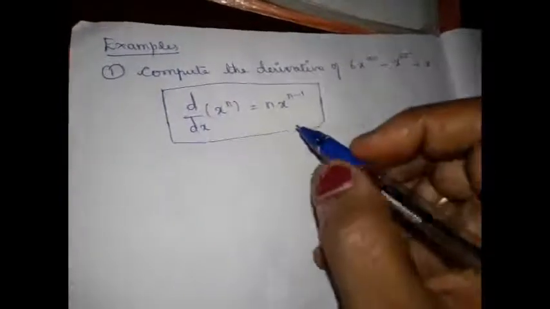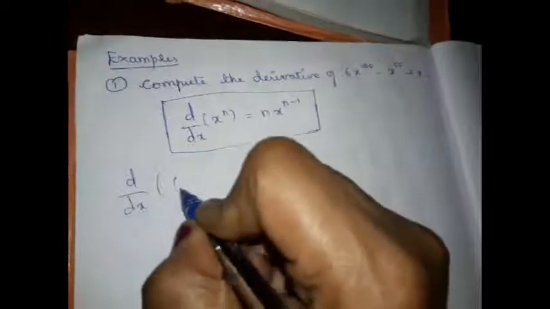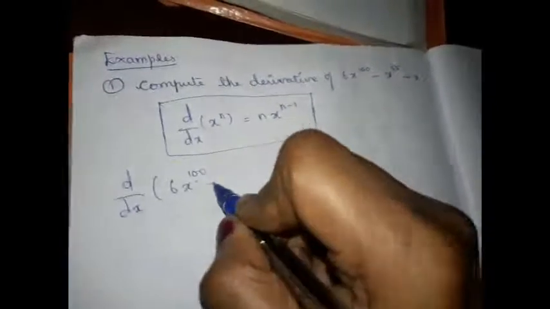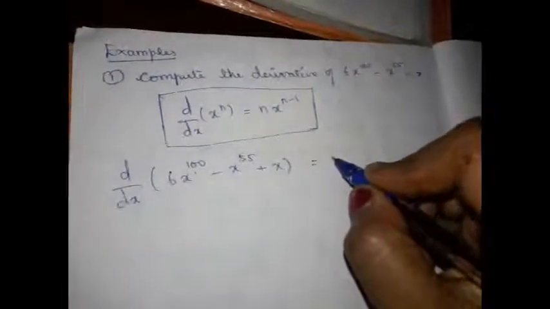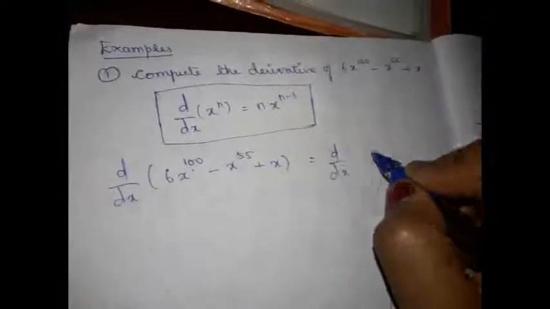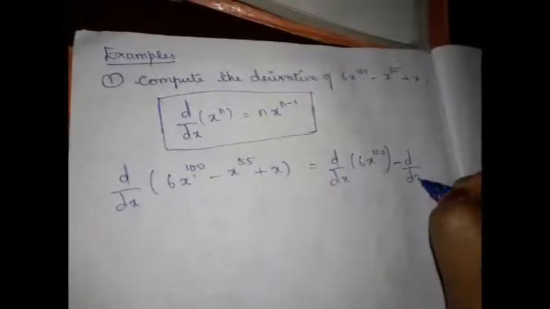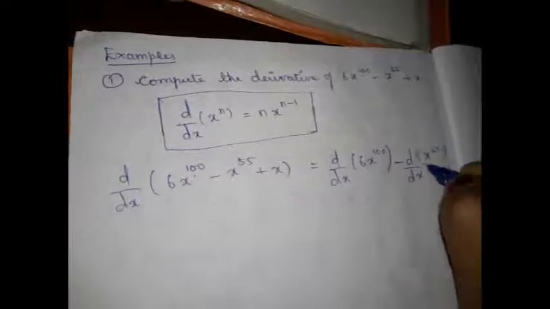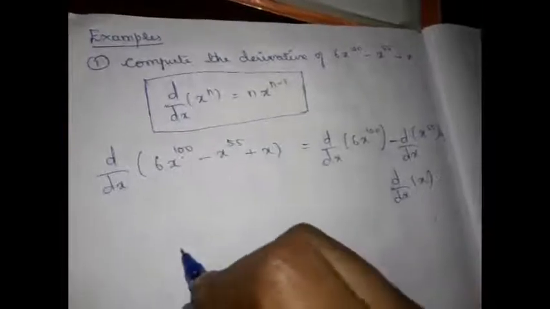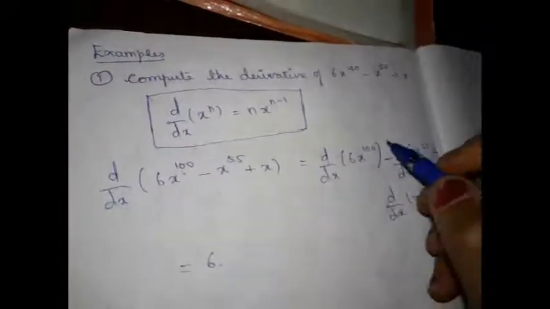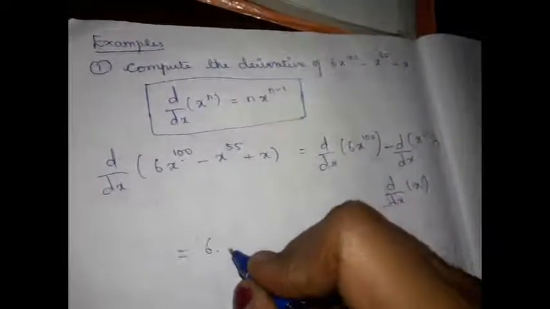We need to find d/dx of 6x^100 minus x^55 plus x, which equals d/dx of 6x^100 minus d/dx of x^55 plus d/dx of x. This is nothing but 6 times, this is like x^n, and x^n gives n times x^(n-1), so here n is 100.